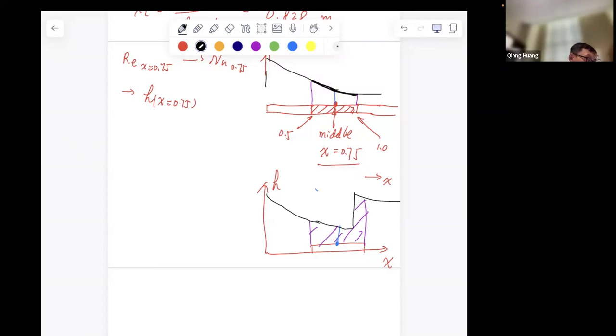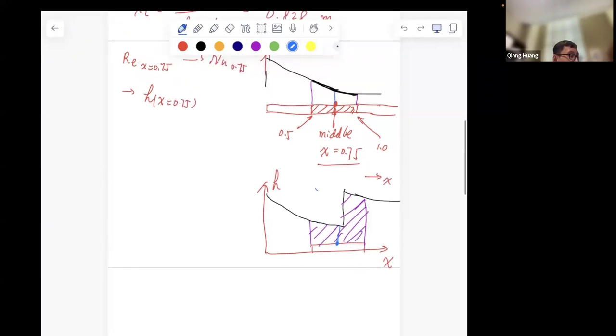Now your integral will be this purple area, but your middle point will be here, and your approximation will be this blue area, which is much smaller. So if you don't have a monotonic function, you cannot use a middle point as an approximation of the average value. Okay, so this is one mistake that students make.